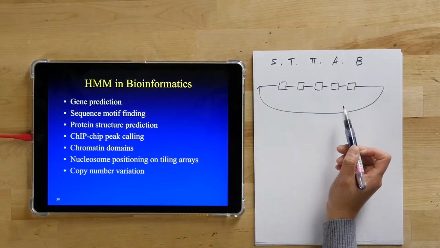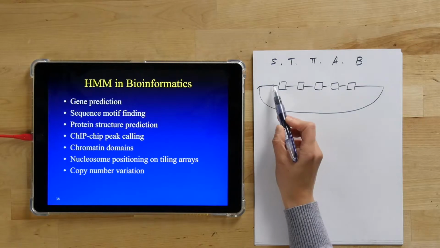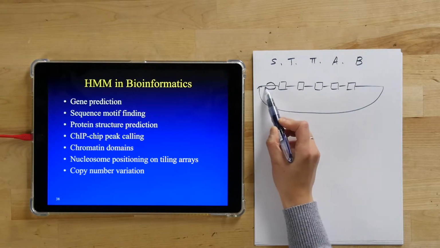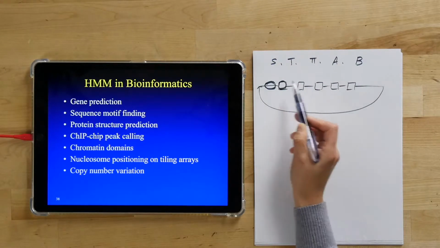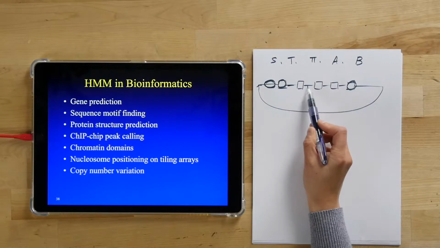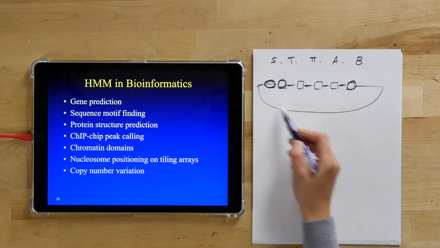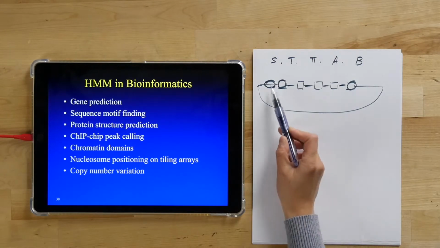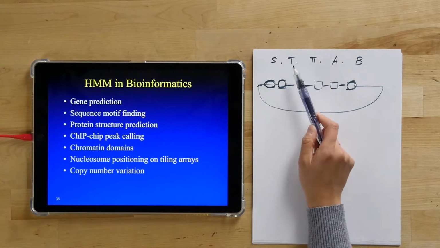So you can imagine a very simplified sequence: in front of this gene there is some promoter sequence, and there's a first exon, a last exon, and some internal exons, and there are some intron sequences, and then the rest are more like intergenic sequences. So each of these sequences might have some different properties, right?